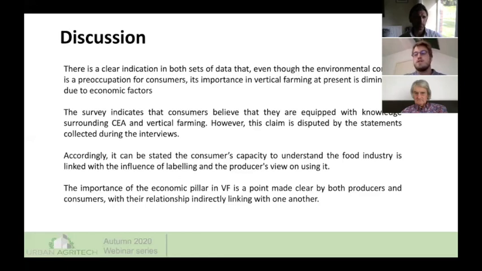And therefore, you have to understand that the producers claim that the consumer does not know anything about their food.